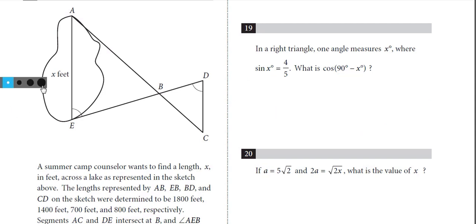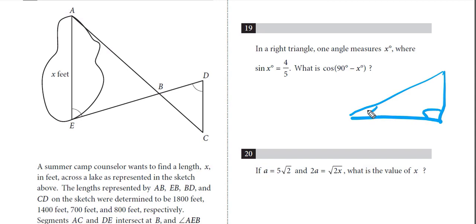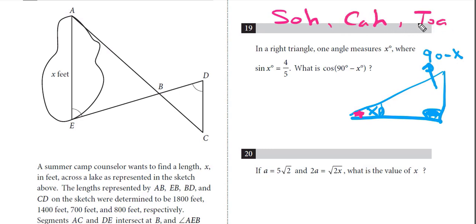Or, if you don't know this rule, here is how to solve. If you have a right triangle here, and this angle is x, then this angle is 90 minus x. Sine of angle x is opposite over hypotenuse, and sine x is 4/5, so the opposite side is 4 and the hypotenuse is 5.